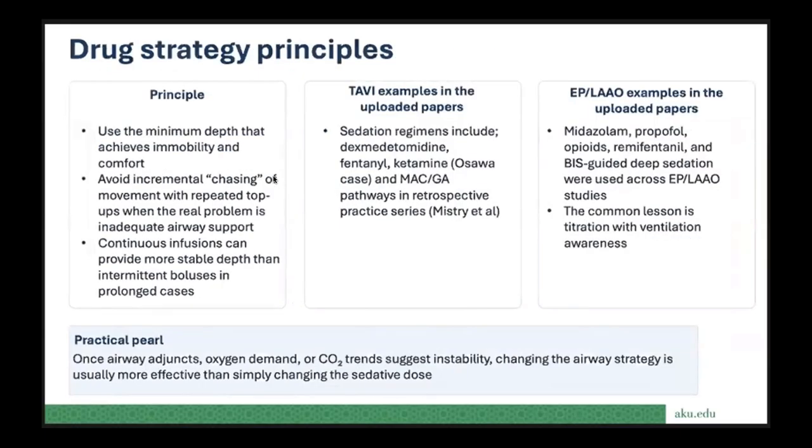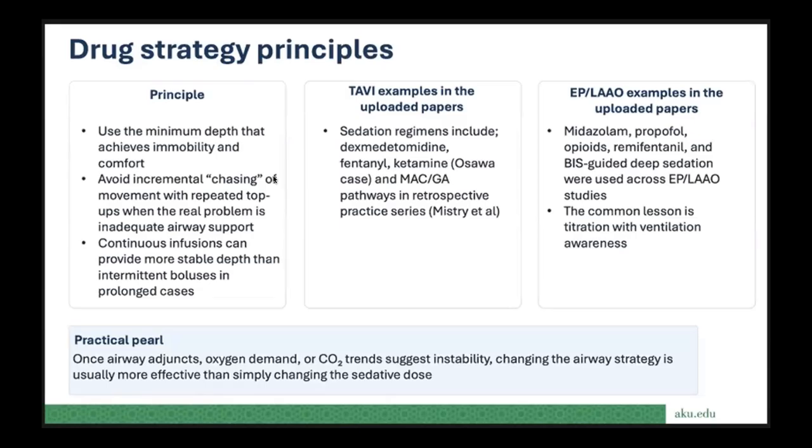Now, drug strategy principle. It should follow the airway plan. A common error in NORA is to chase movement or discomfort with repeated sedative boluses while ignoring that the airway is progressively becoming the limiting factor. Across the attached papers, as I mentioned earlier, different regimens were used, but the shared lesson, which is most important, is titration with respiratory awareness.